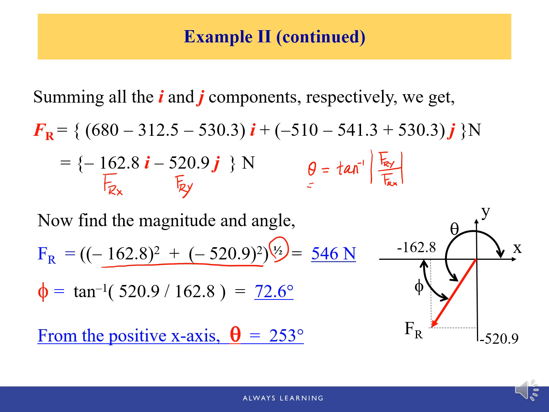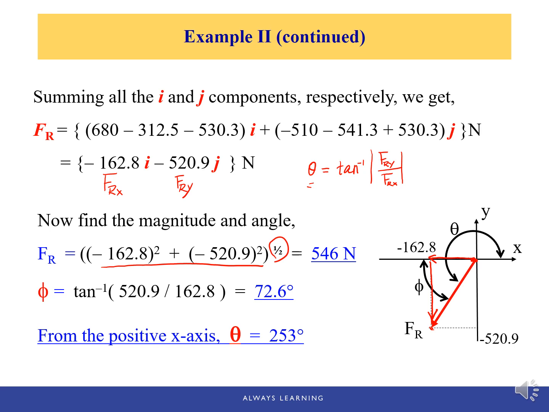If we do a quick sketch for this force FR, based on FRx, which is negative 162.8, and FRy is also a negative value. You can do the imaginary walk from the origin, which will be the tail of the vector, to the head of the vector, we can see this FR actually points left and down in this octant.